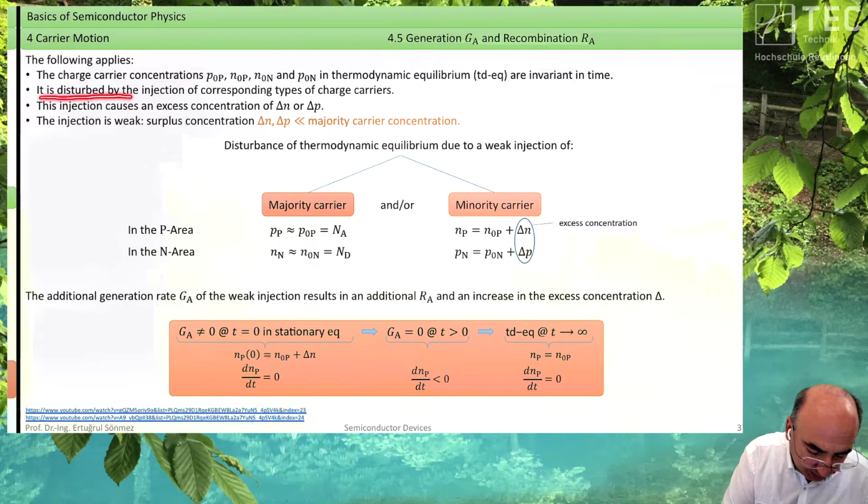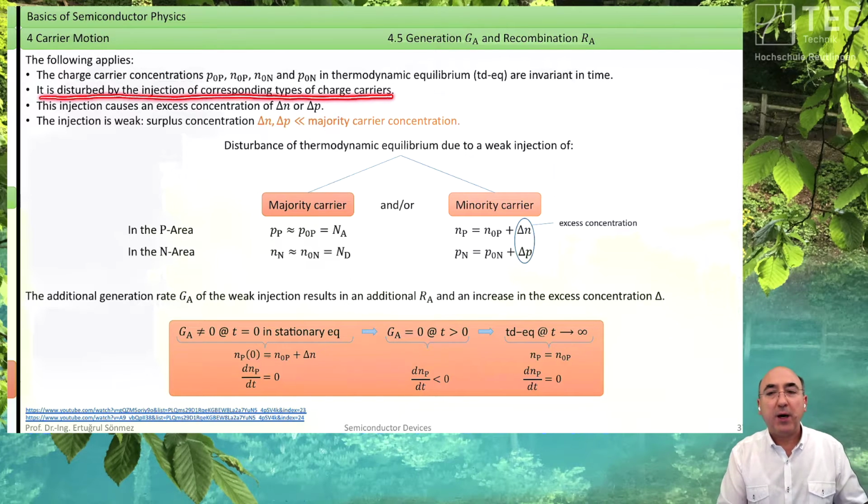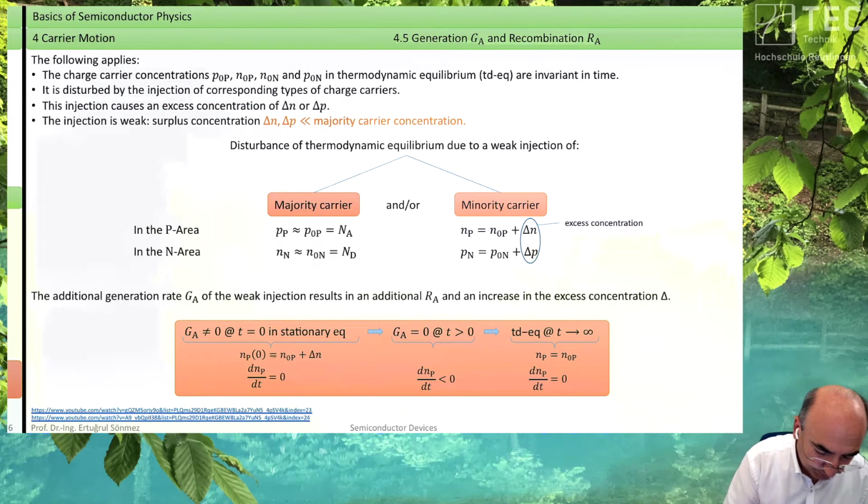So it is disturbed by injection of corresponding types of charge carriers. Now we take into account that this equilibrium value is changed, disturbed externally somehow. For instance, by light, but it need not be, just a hypothetical change. So we just change it. And then this injection causes an excess concentration of electrons and holes.